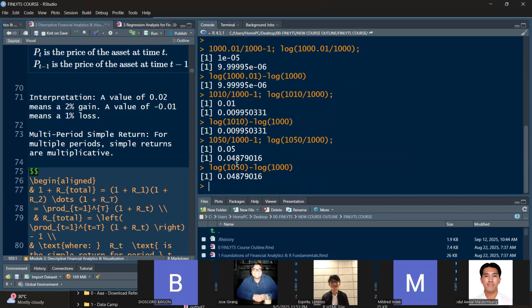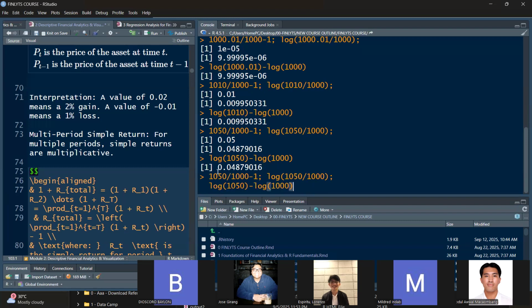If it's 5% or less, the two are approximately the same. I made it quite higher, 5%, and you can see that it's not exactly equal to, but approximately equal to.